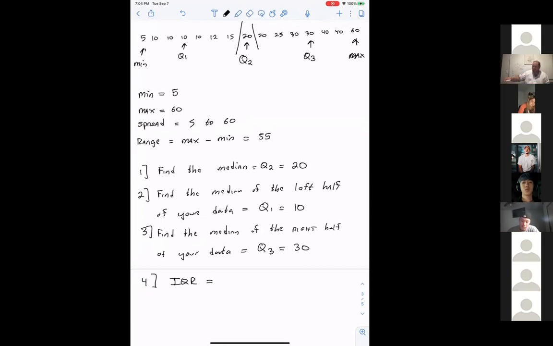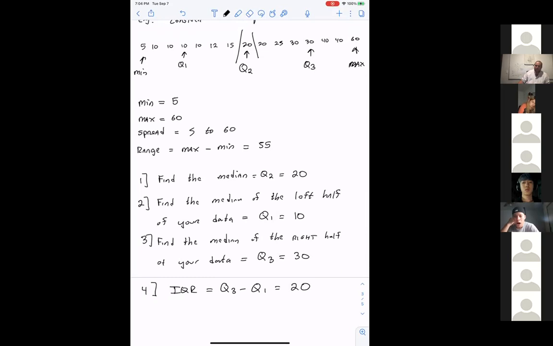It could be wrong, I don't even care. Is it Q3 minus Q1? Q3 minus Q1 it is, which in our case is 20. The fact that it's equal to the median is a pure coincidence. So this is how we find the IQR: you find the median, the left median, the right median, you subtract those, and that's the IQR.